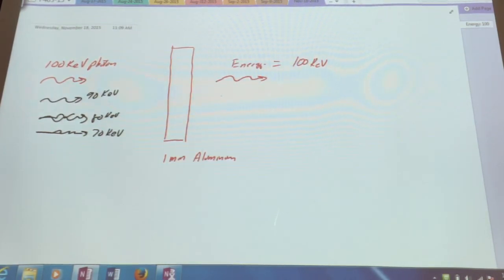The only things that emerge are the 90 keV and the 100 keV photons. What happened to the other two, our 80 and 70 keV photons? They went in and they got absorbed.